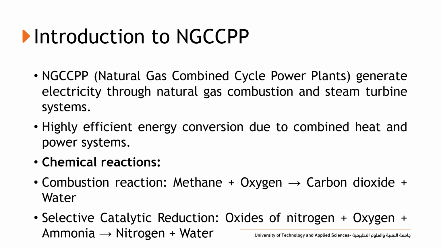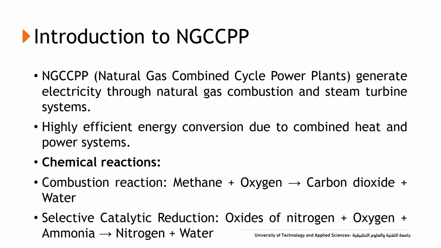Why are we going for combined cycle instead of single cycle? Because the single cycle has lower energy efficiency. So to improve the energy efficiency, the combined cycle is used, giving highly efficient energy conversion due to combined heat and power systems.